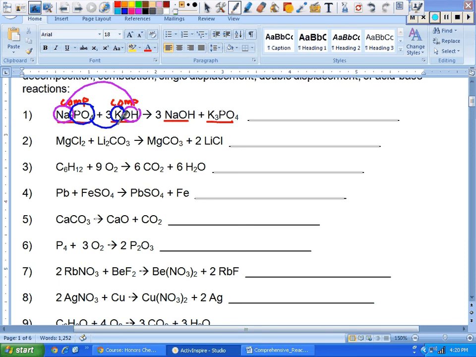So that is a double replacement reaction. Okay, that is a double replacement. So, like I said, this should be very simple, that you should just be able to look at this and tell you had 2 compounds and they're both swapping places.